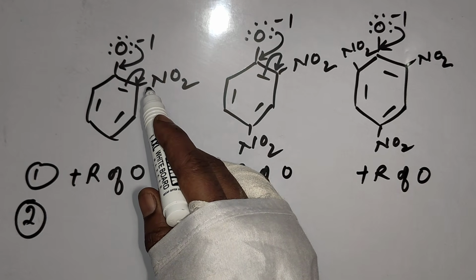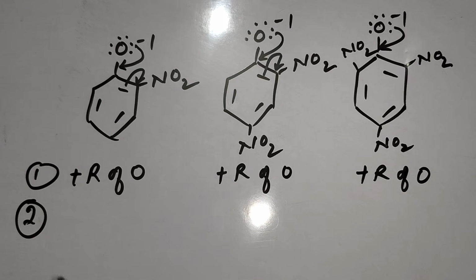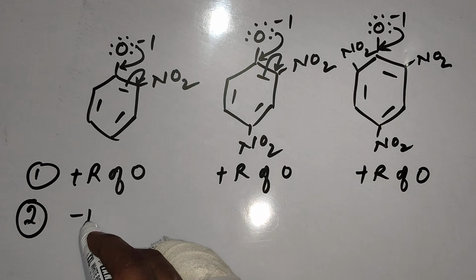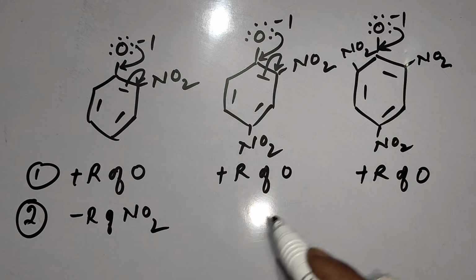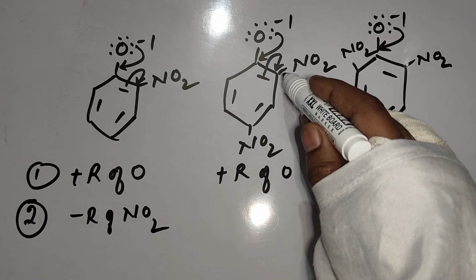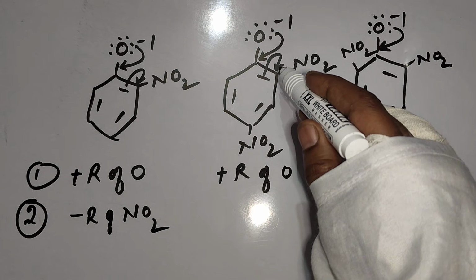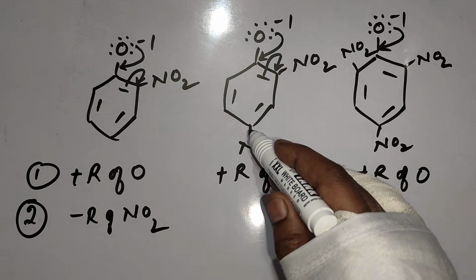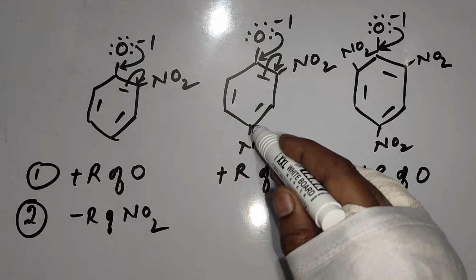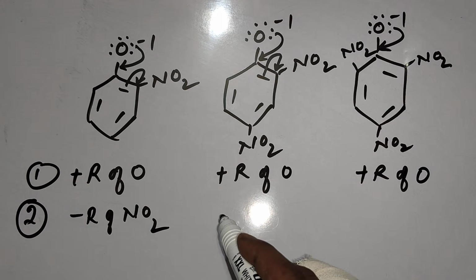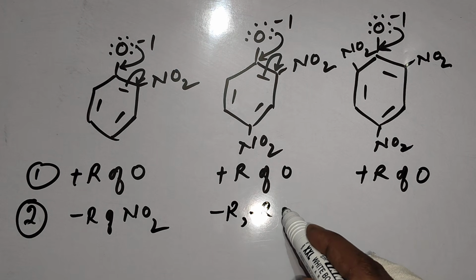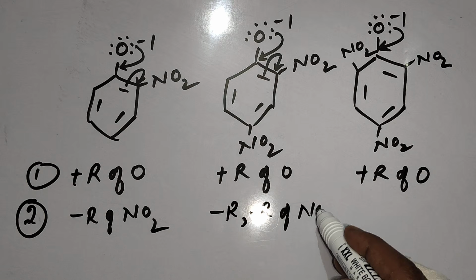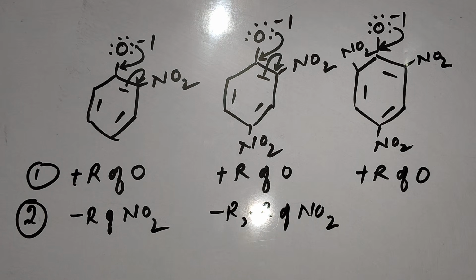So from ortho position, nitro will show minus R effect. Now in this molecule, nitro is present on ortho as well as on para, and we know from both positions it can show minus R effect. So I will write minus R effect 2 times.